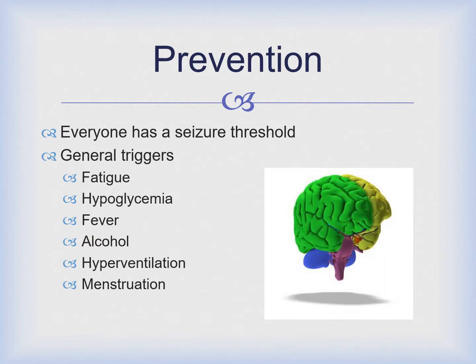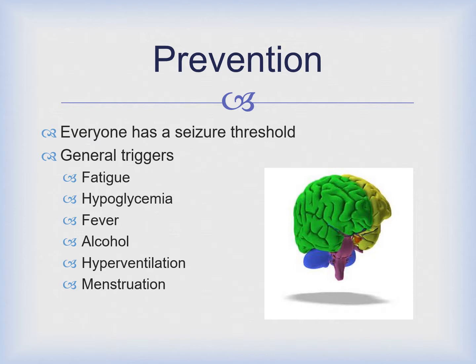So what we need to do is have people that are known to have seizures, or maybe even those that are not, but we know they're at risk, think about how to prevent and manage these general triggers that they might have. There's a list of triggers here. I think it's important to understand that it's different for different people. Not everything on the list there would cause a seizure all the time.